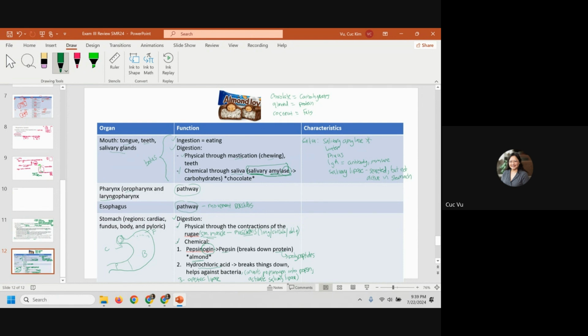So between the salivary lipase and the gastric lipase, there is minor digestion of lipids occurring here. Questions?